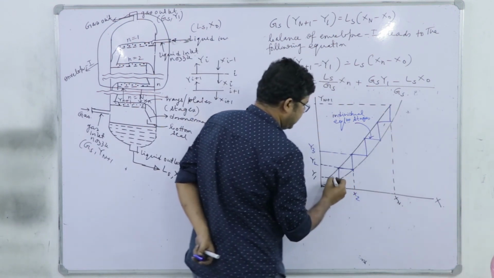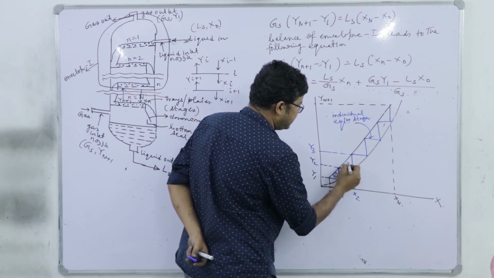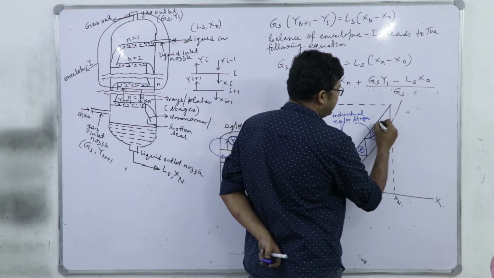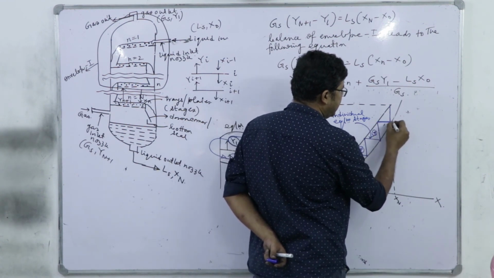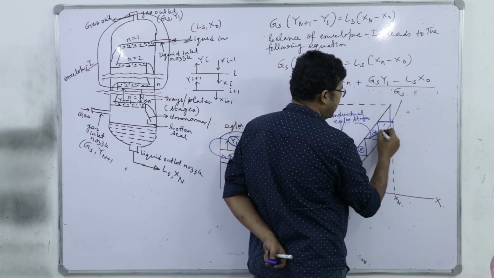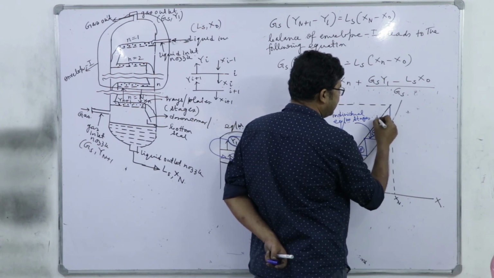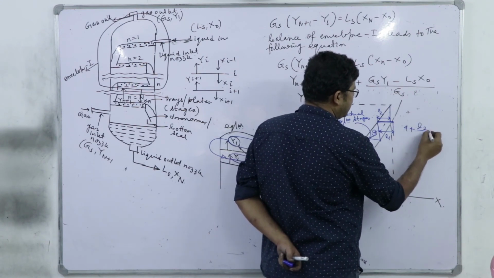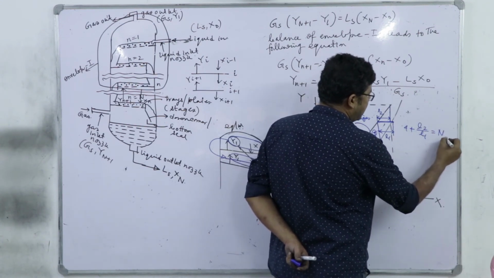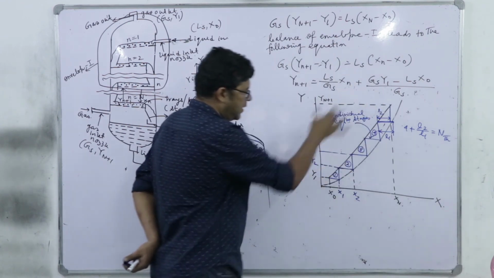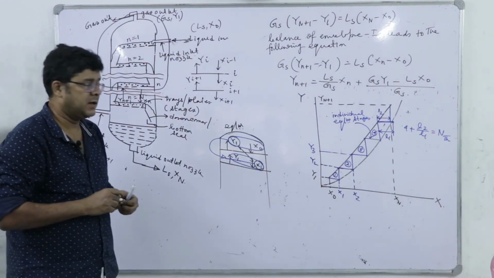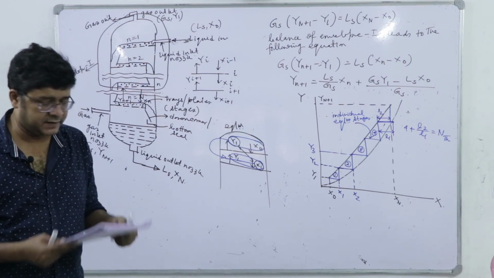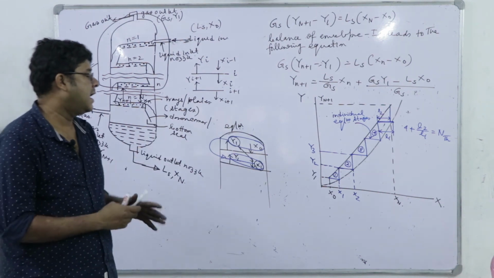See, this is 1, this is 2, this is 3, this is 4, and say this is the completion of a single stage, and this length is say L1, where actually we have to go by L2. So, it is 4 plus L2 by L1, that is the number of theoretical stages we can determine in a plate column.